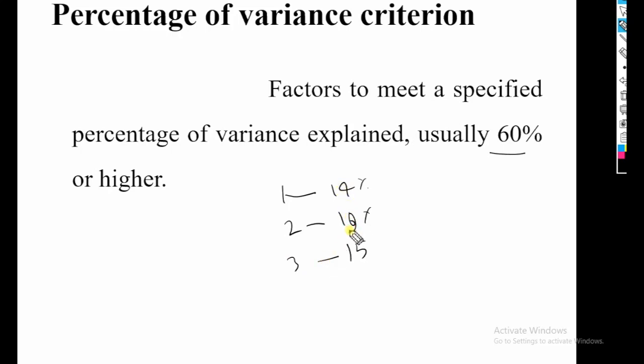Taking here 18%, 16%, then 15%, and 10%, we can combine them. It should be more than 60%. If it reaches 60%, then we can select only 4 factors. So this is another criterion to select and retain the number of factors.